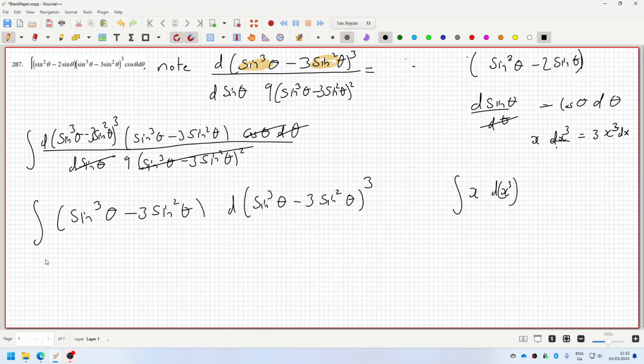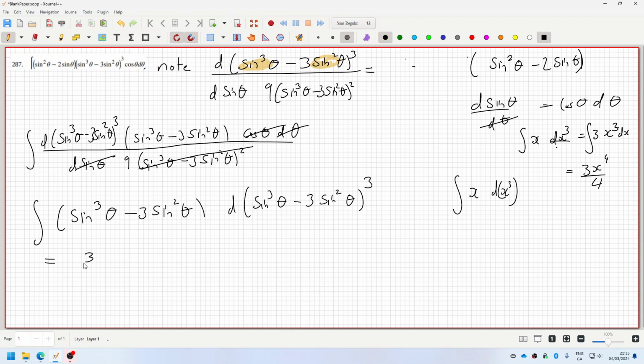So this could be written as 3. I might as well just integrate it then. So if you integrate 3x cubed, if you integrate x dx cubed, that's like integrating 3x cubed dx, which would be 3x to the 4 over 4.